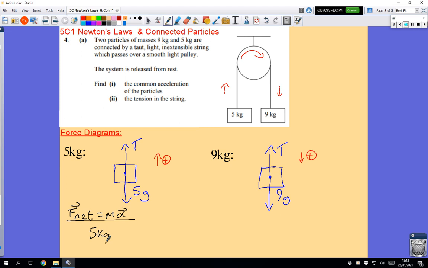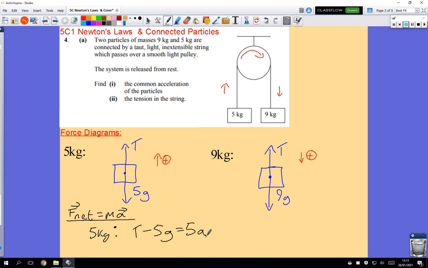The force equation for that mass, F net: the up force is T, the down force is 5g. So the net force is the positive force T, subtract that 5g. And that's going to be the mass, which we know is 5 kilos, times the acceleration. So there's my first equation, T minus 5g is equal to 5a.